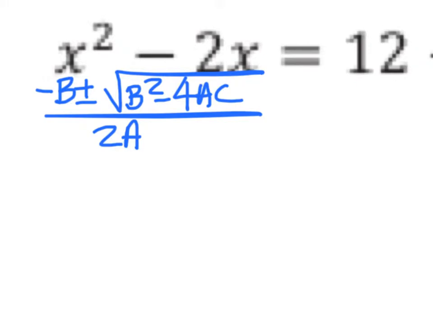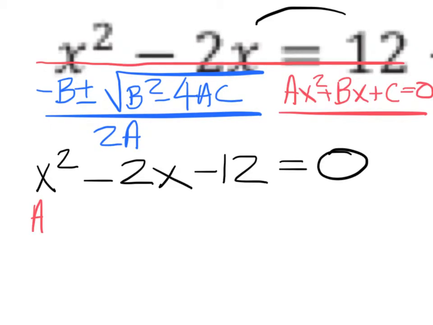What must I do to our problem in order to put it in that form? So we moved our 12 over to this side. From here over to there, changed the operation. And now we have to figure out what a is. What is the number to the left of x squared in our problem right here?